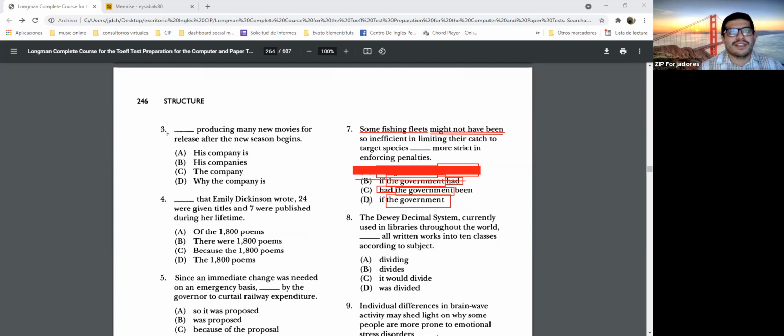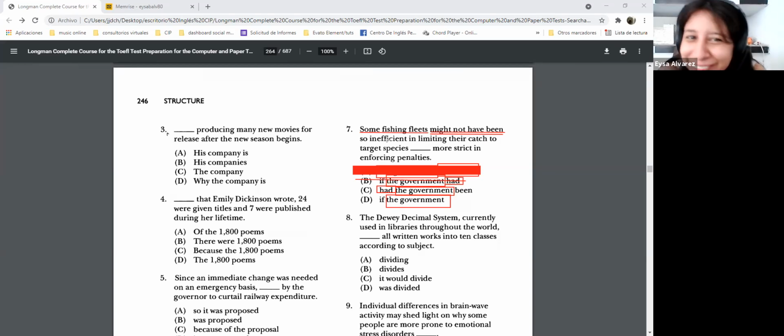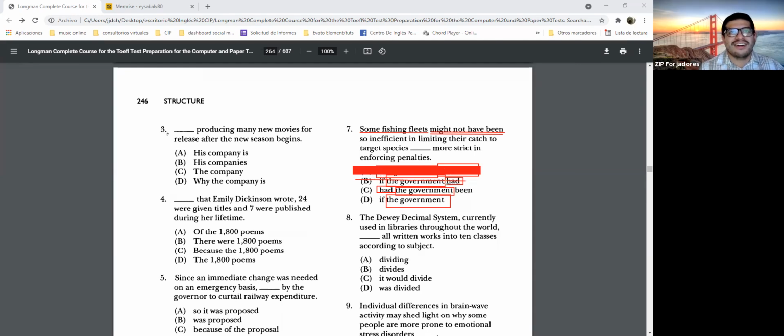All right. So let's go and see why it can be the letter B. Because we need to complete the action. We only have the auxiliary had.